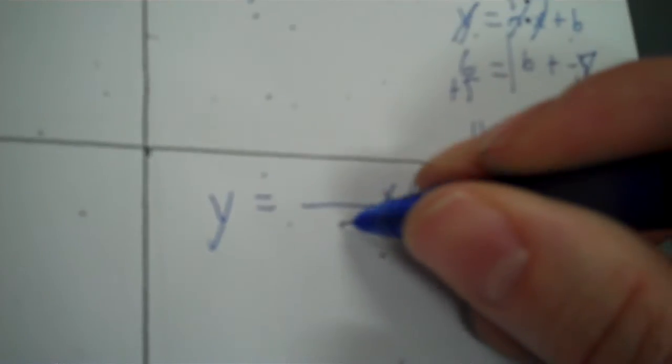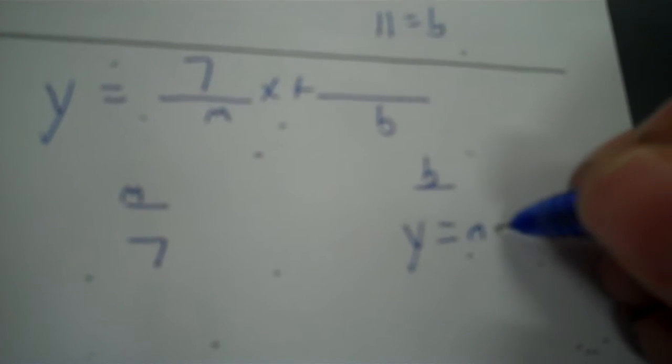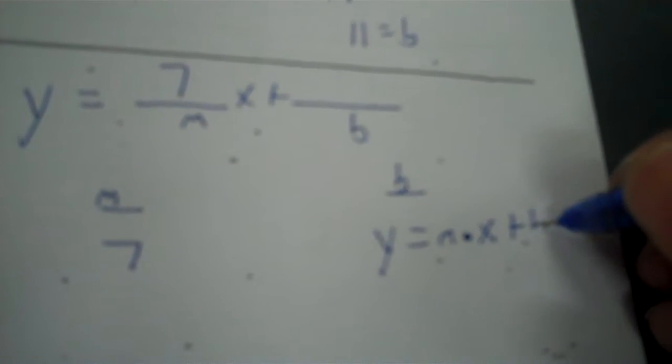Okay, next one, (2, negative 3), slope of 7. y equals blank x plus blank. So you've got m and b. Remember, if they tell me the slope, I have my m. My m is 7. Then my b: y equals m times x plus b.